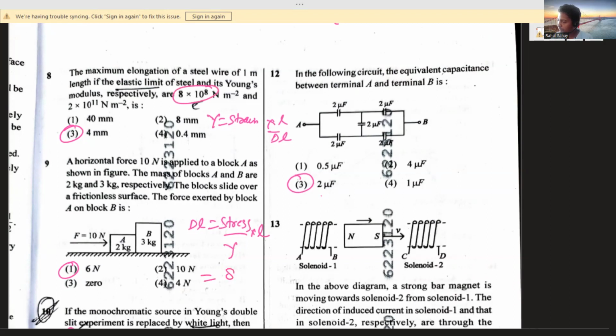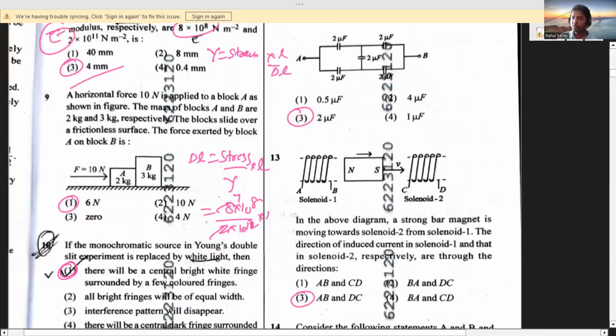We can substitute here. Y value is 2 into 10 power of 11, into 1. So 4 into 10 power minus 3, that is 4 millimeter. Easy, direct, formula based.